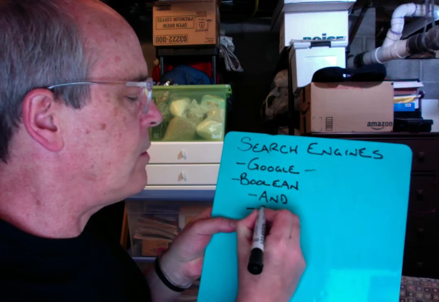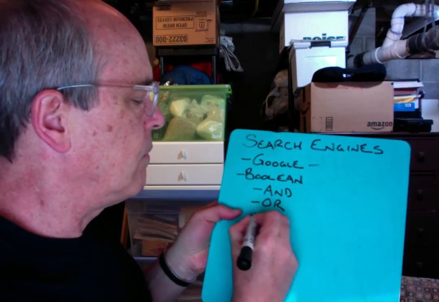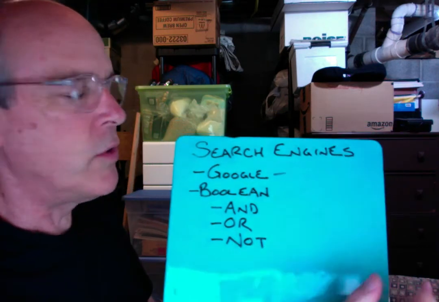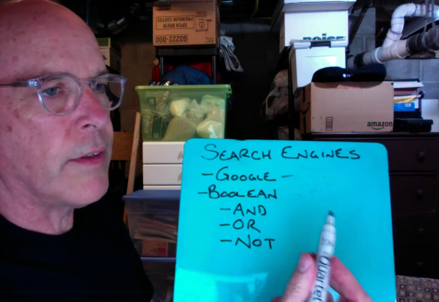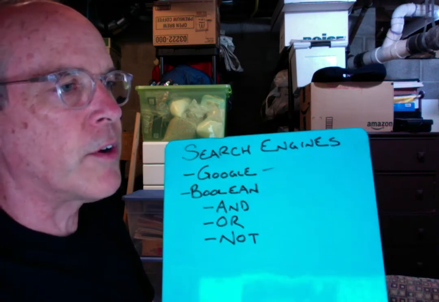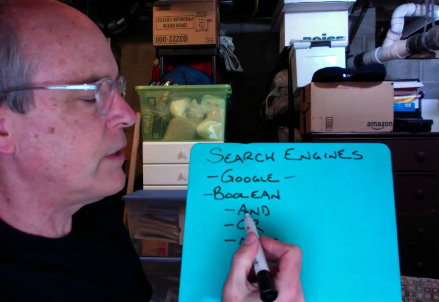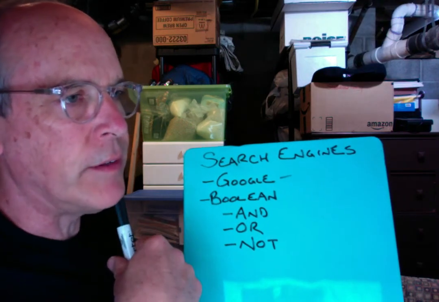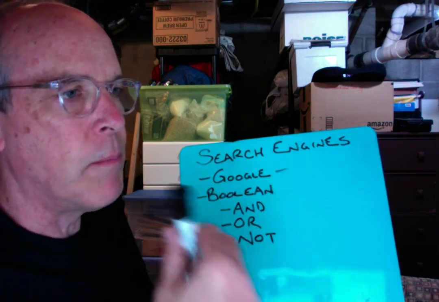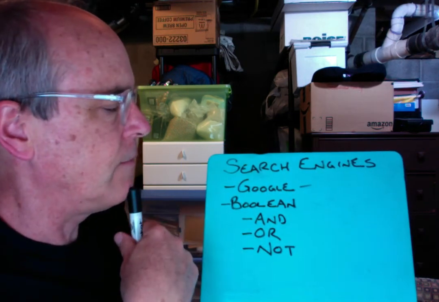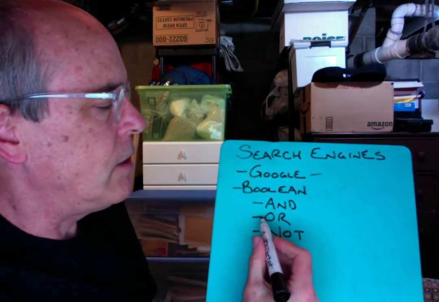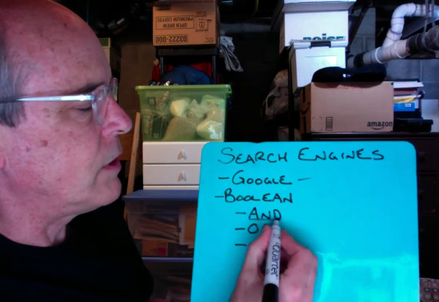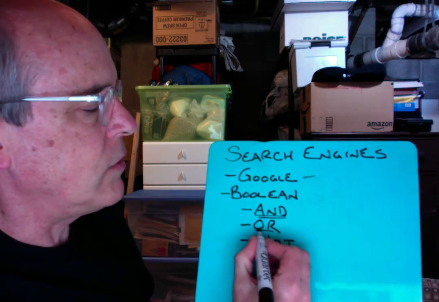The words AND, OR, and NOT. Whenever you're doing a Google search and you put in the search box a number of terms, Google is considering that to be AND, right? So if you said John and Reitz, it would look for web pages that have both my first and my last name, right?